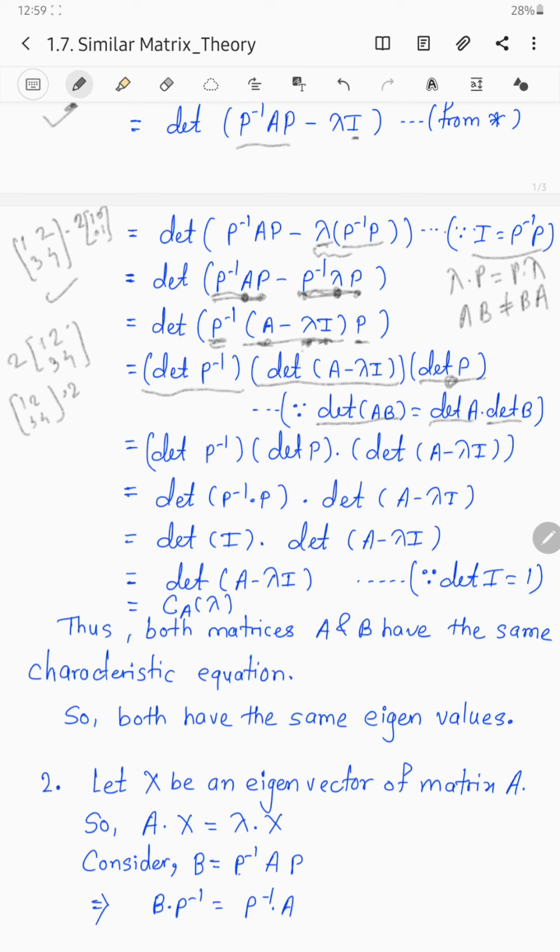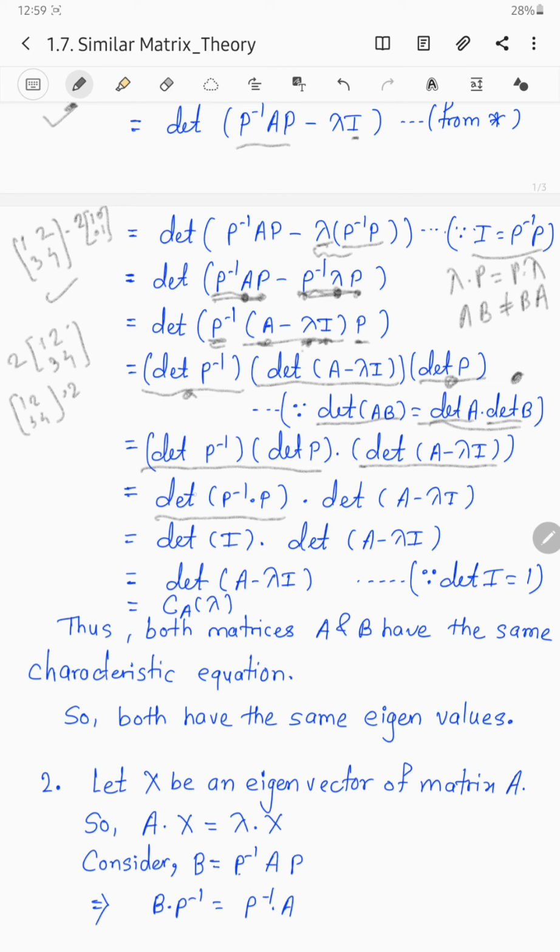So I take the determinant of P and the determinant of P inverse together, so I get the determinant of P inverse into the determinant of P into the determinant of A minus lambda I. Now the determinant of P inverse and the determinant of P is nothing but the determinant of P inverse P. I use the same property here: the determinant of A into the determinant of B is nothing but the determinant of AB.